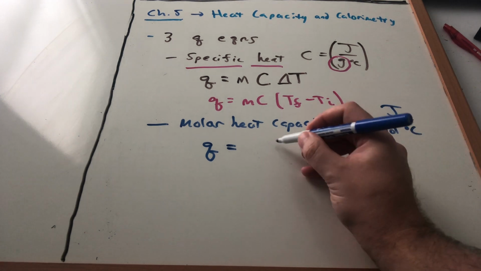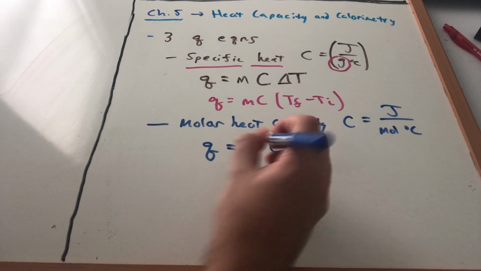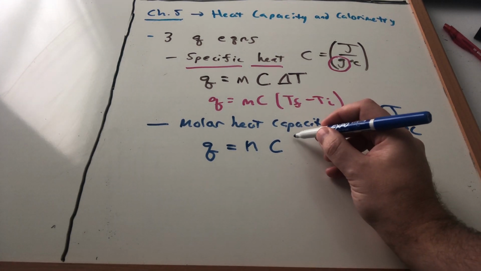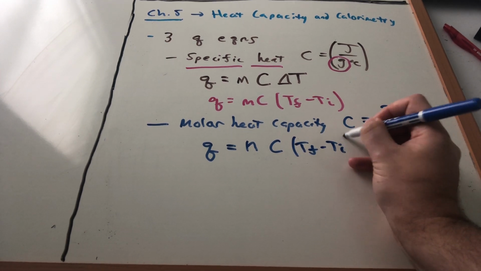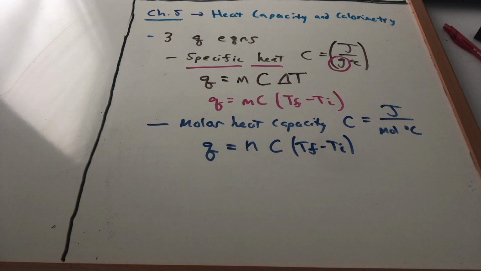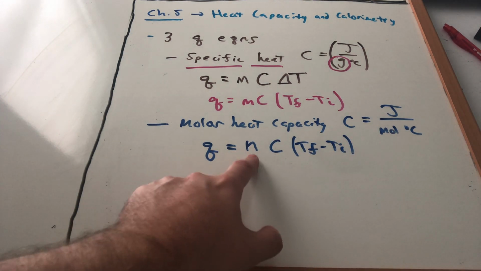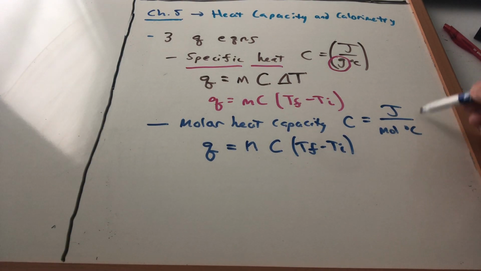If I have this C with the exact same logic, I need to get rid of moles. How do I get rid of moles? I multiply by n. And how am I going to get rid of this degrees Celsius? By multiplying by a delta T. The only thing that changes is what we multiply by to get rid of this unit. Because again, if I have moles times C times a delta T, what am I going to isolate?